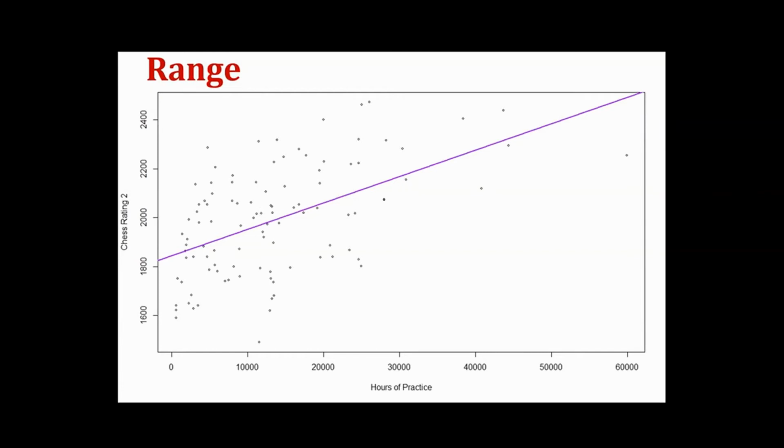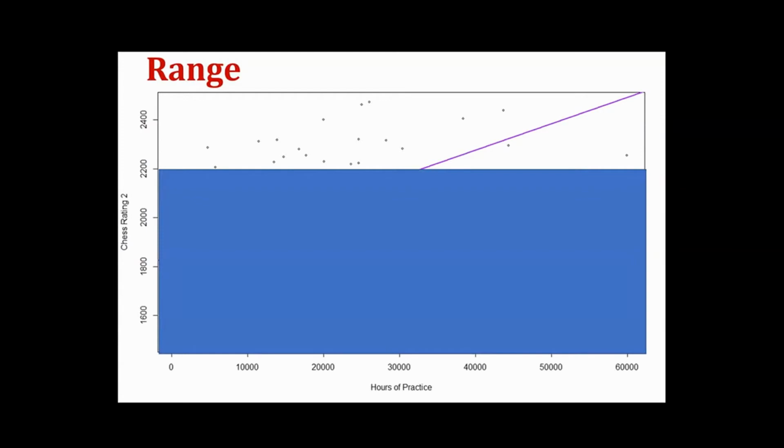Now let's consider that instead of obtaining data in a range of levels of chess rating, so a range of levels of expertise, we decide to conduct the same study but only with top players who are in the top range of chess skill.